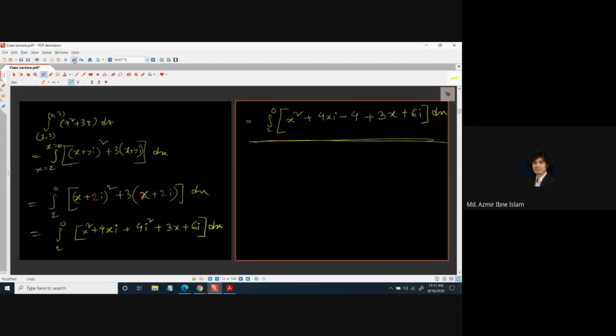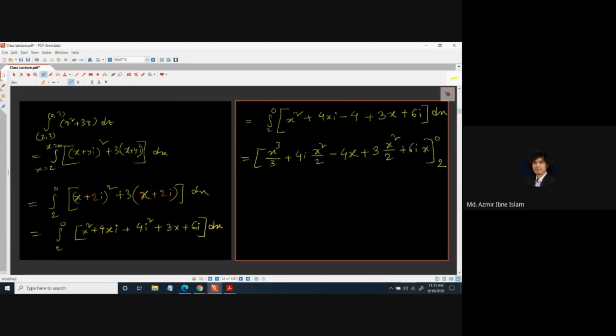It is going with our previous course math, from 2 to 0. So focus on x squared, it will be x cubed over 3. 4i is constant. Integration of x is x squared by 2. 4 is constant, so integration of 4 will be 4x. 3x will be 3x squared by 2. 6i x.